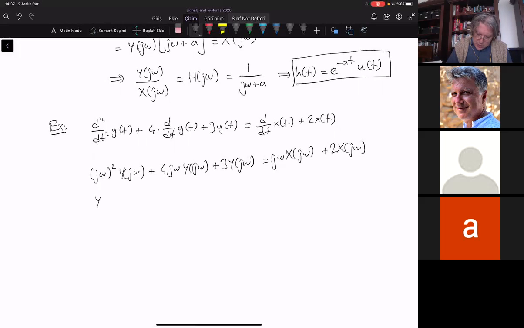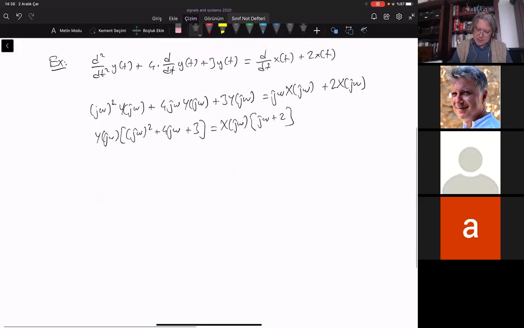Let's do it. Y(jω)(jω² + 4jω + 3) is equal to X(jω)(jω + 2), and Y(jω) over X(jω) is H(jω).